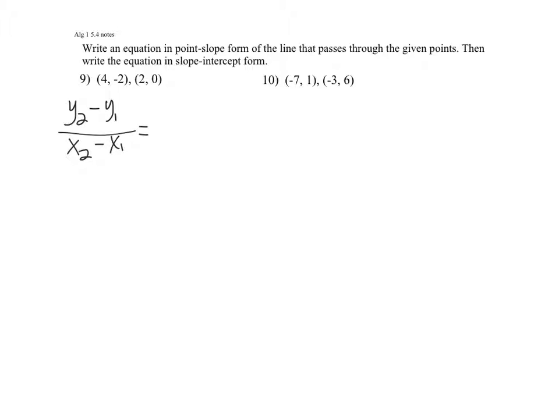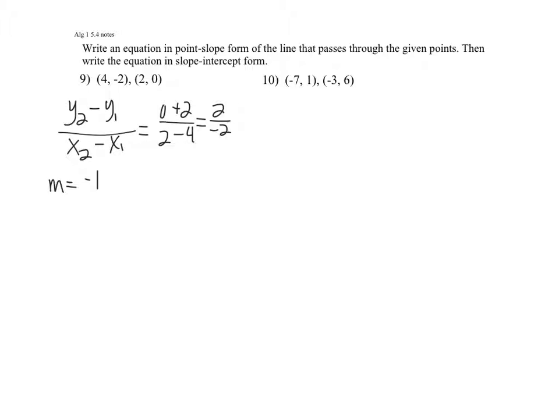Right? So we've got 0 minus a negative 2, which is plus 2, over 2 minus 4. And so in this case, we've got 2 over negative 2, so our slope is negative 1. So m is reduced to negative 1.